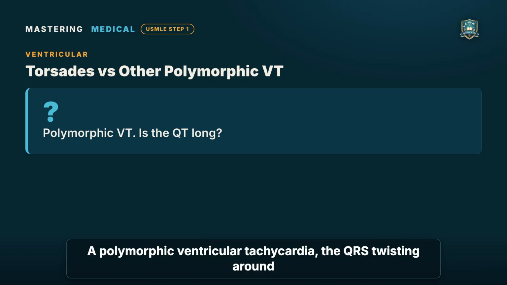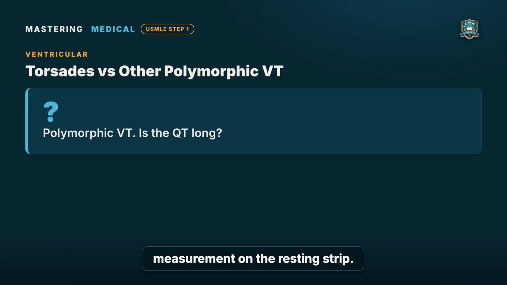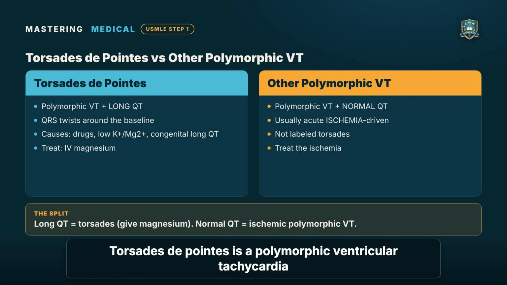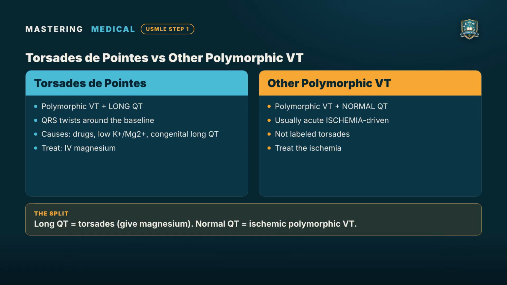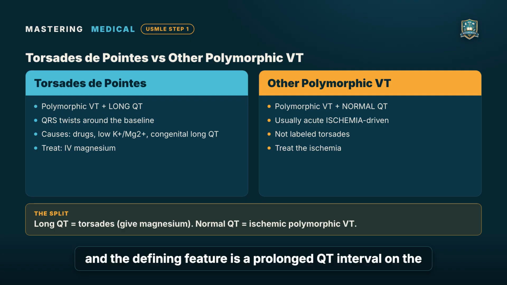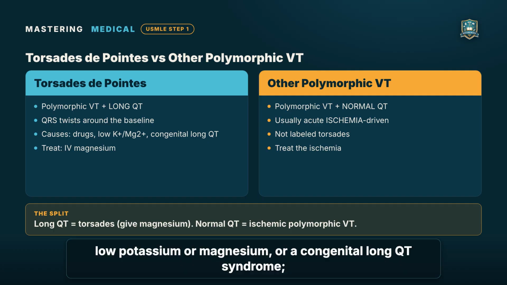Polymorphic ventricular tachycardia, the QRS twisting around the baseline. Whether you call it Torsades comes down to one measurement on the resting strip. Torsades de Pointes is a polymorphic ventricular tachycardia where the QRS amplitude twists around the baseline, and the defining feature is a prolonged QT interval on the underlying rhythm from QT prolonging drugs, low potassium or magnesium, or a congenital long QT syndrome.